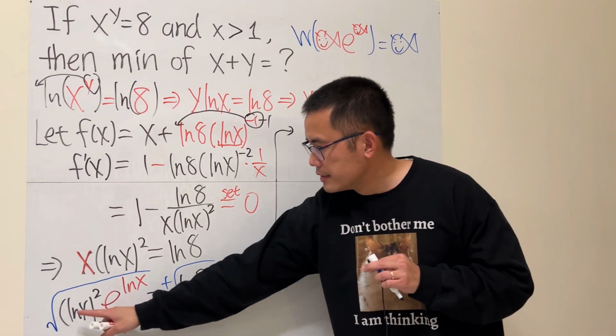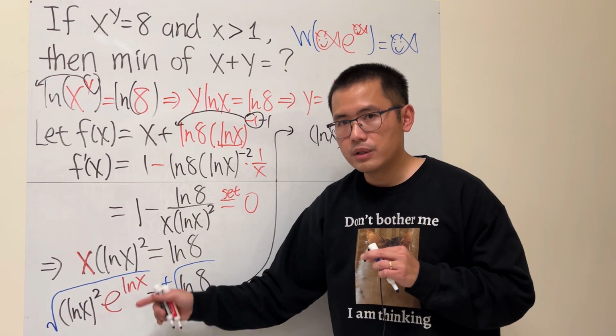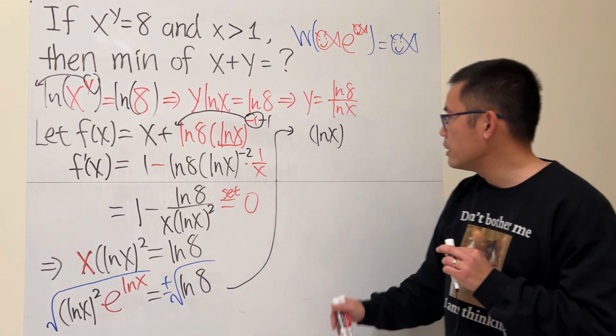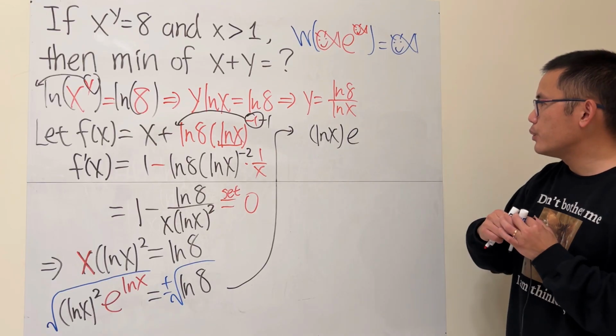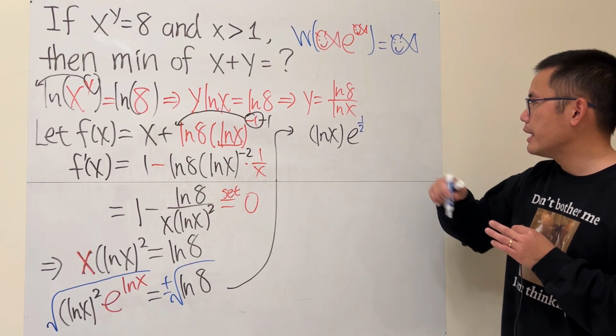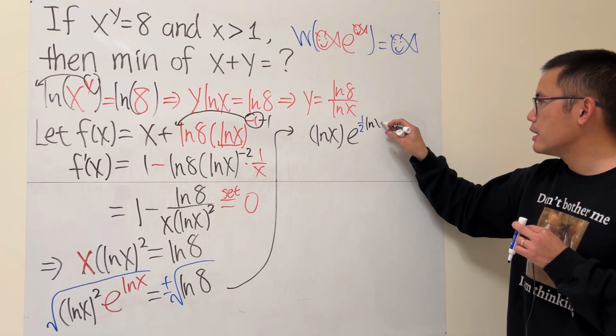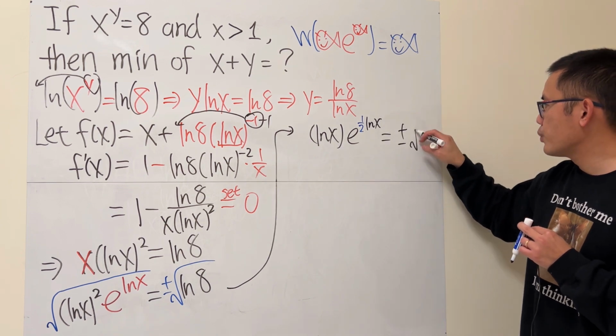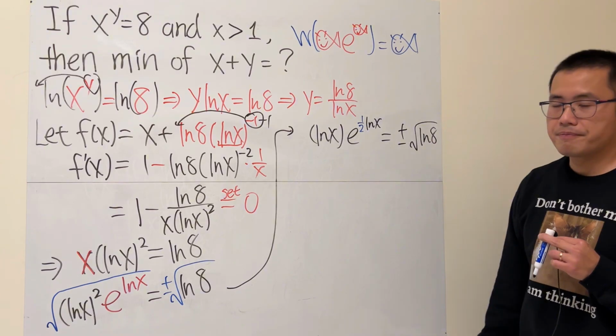And then the square root of this, square root is the 1/2 power, so we can just take 1/2 times this power, so we have e, and then here we have the 1/2, and then lnx. And on the right hand side, we have the plus or minus square root of ln8.